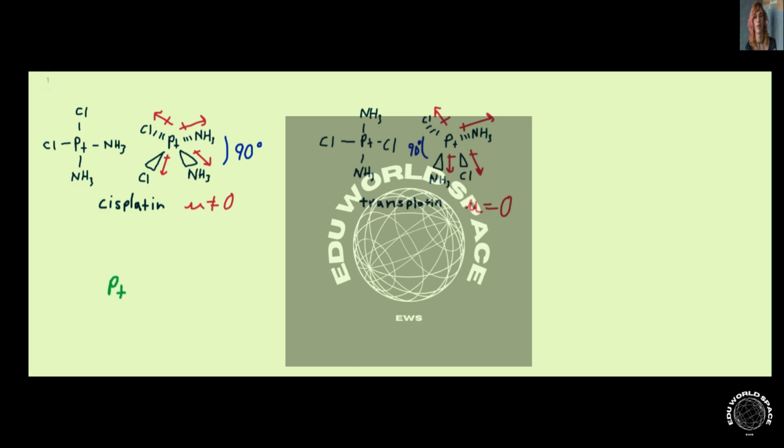So this is our cisplatin, where our chlorines are on the same side. It's going to interact with our DNA.